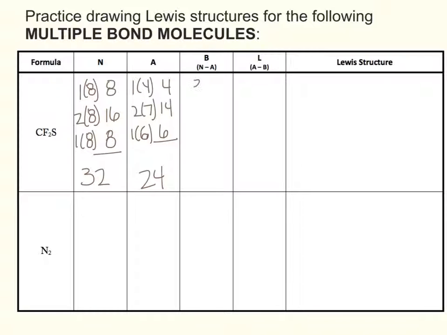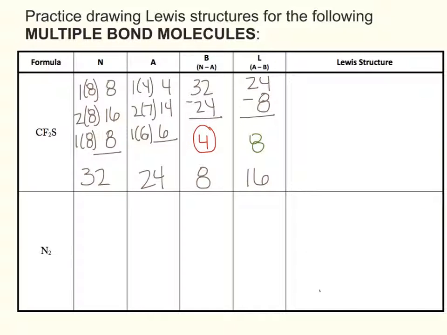All right, N minus A gives us a total of 8 bonding electrons, but remember we're going to divide that by 2 so that we know how many bonds there are. 24 minus B, which is 8, will give us 16, and we're going to divide that number by 2 so that we know that there are 8 lone pairs in our structure.